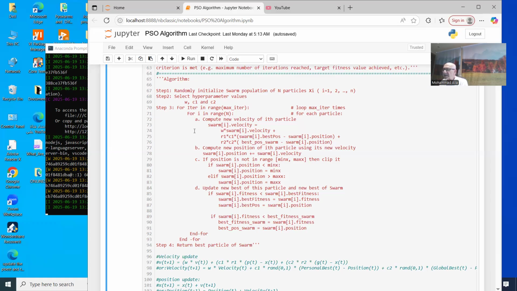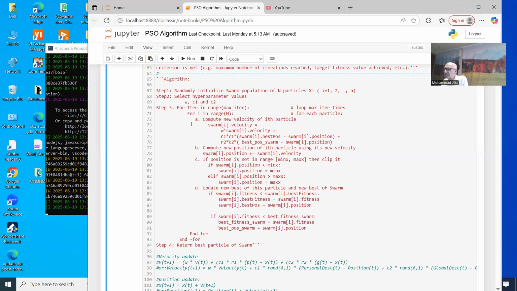Okay. Now we need to iterate, or do the process, using two nested for loops in the range of the number of particles n and the maximum of iterations, max iter.